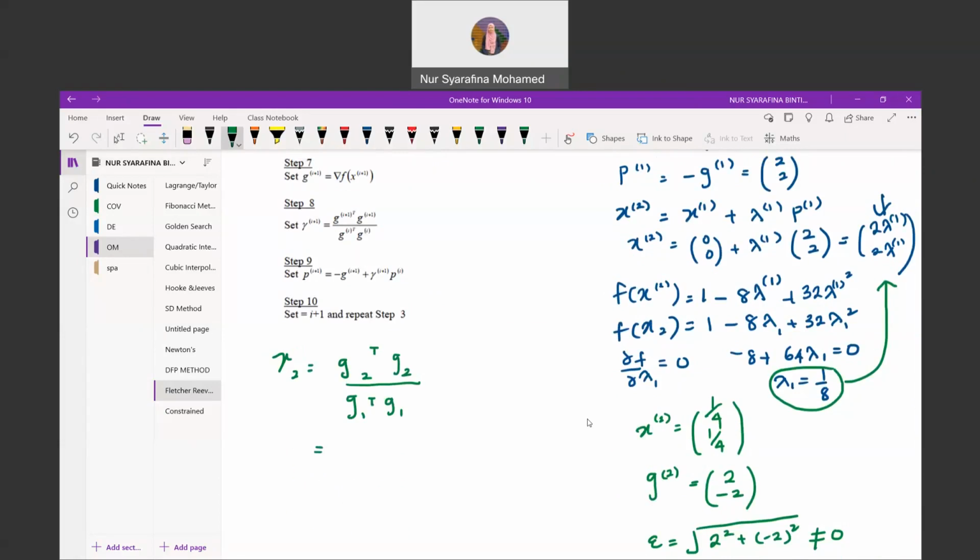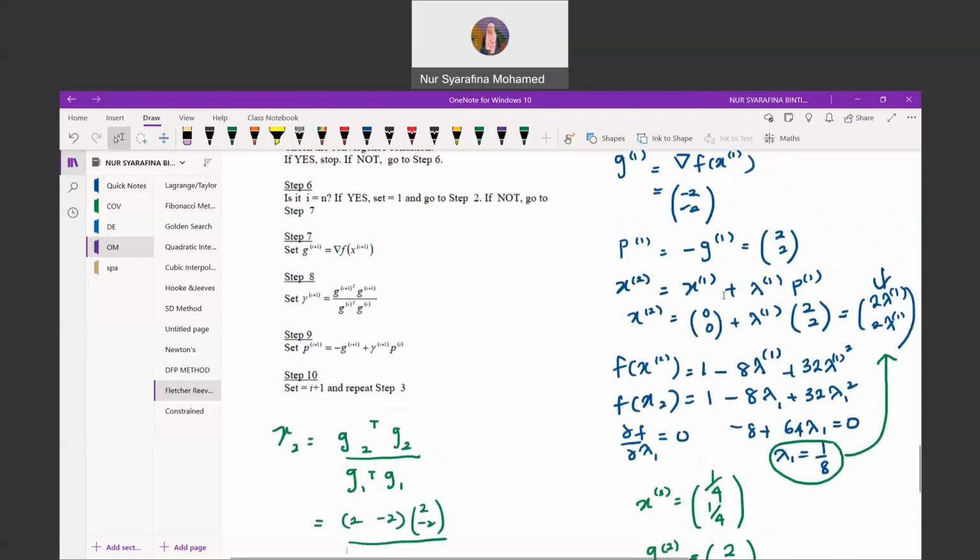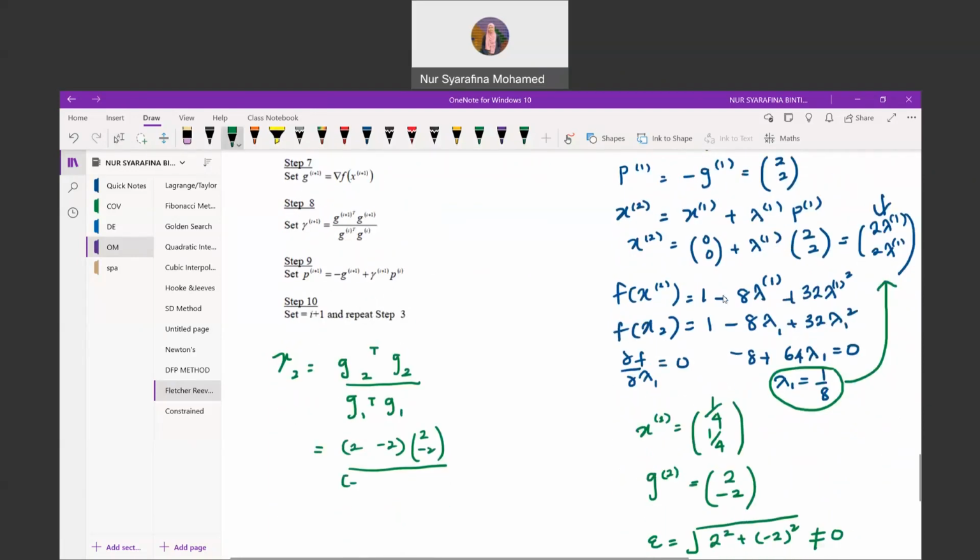So G2 transpose times G2 is (2, -2) times (2, -2), and G1 is (-2, -2). Minus 2 minus 2 will give you 1. Okay, you check after this. Once you've got the value of gamma, then find P2, where P2 equals negative G2 plus gamma 2 times P1.